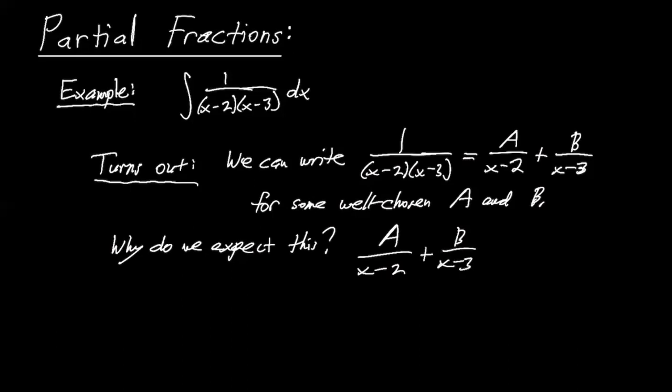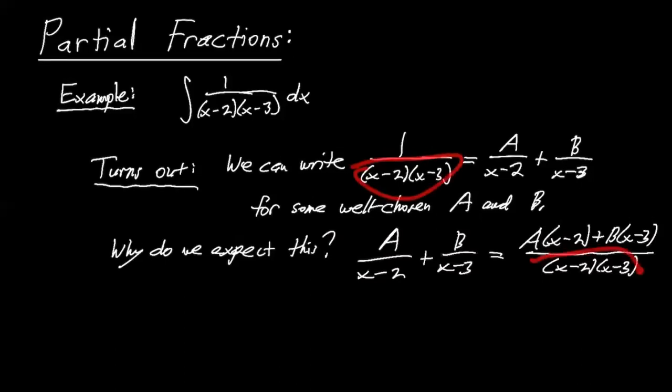If you get a common denominator, you multiply the top and bottom of this by x minus 3 and the top and bottom of this by x minus 2. So it turns into A times x minus 2 plus B times x minus 3 over x minus 2 times x minus 3. If we combine them, we get the same denominator that we had here. Now it's just a matter of making the numerator equal to 1.